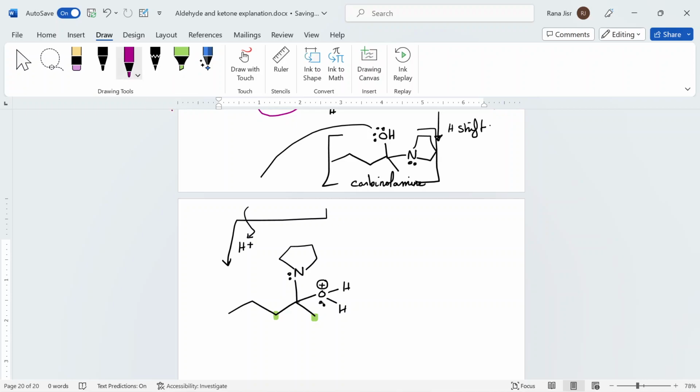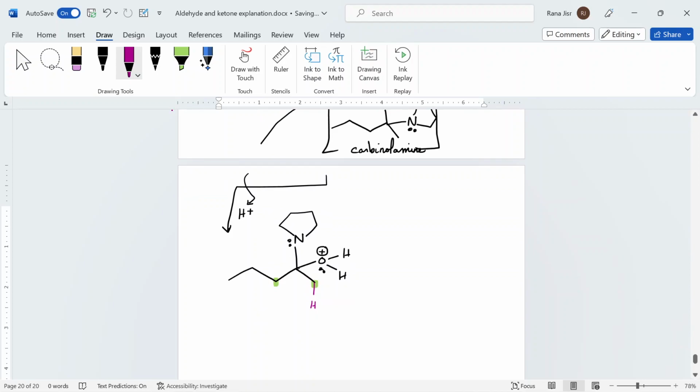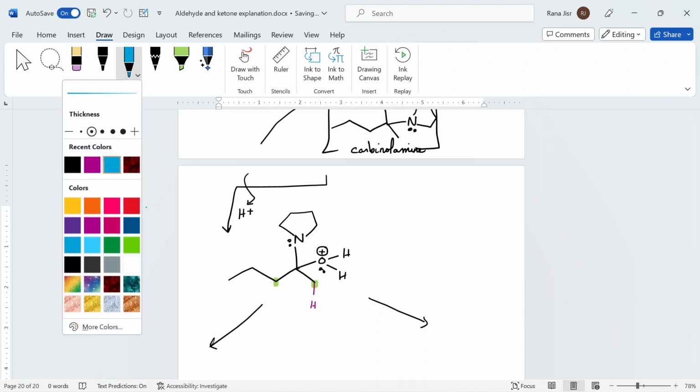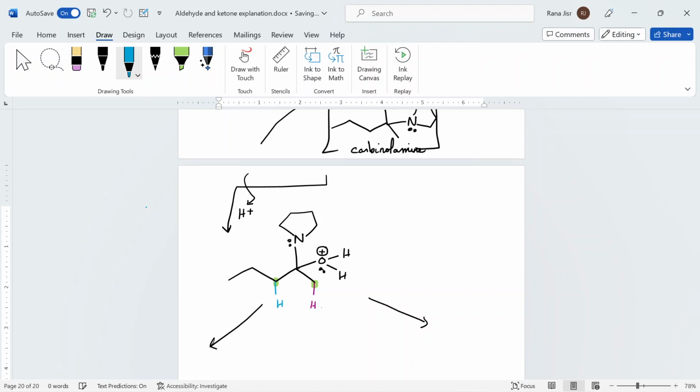So let's consider the first hydrogen over here. So this is going to be my H in there. So the base in the solution has two routes to come and take the hydrogen, because we do have two hydrogens here. And this is another hydrogen. This is hydrogen A, and this is hydrogen B in there. Considering this is the alpha carbon, then this is going to be my beta, and that's going to be my beta.